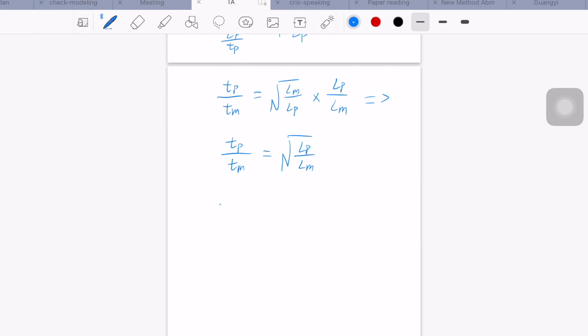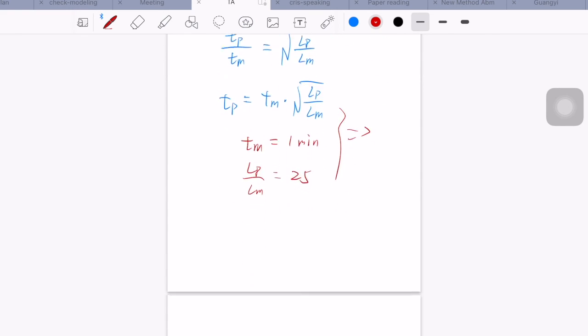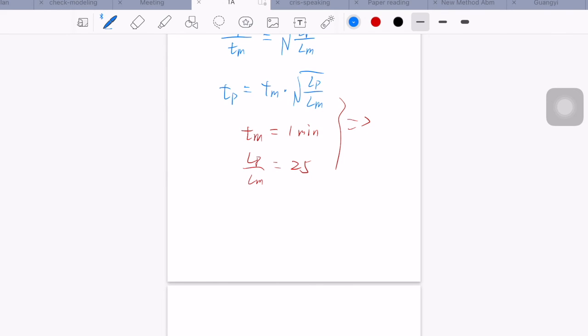So Tp should be equal to Tm times the square root of Lp over Lm. We know Tm is 1 minute and Lp over Lm is 25, so Tp is 5 minutes. So we finished this problem.